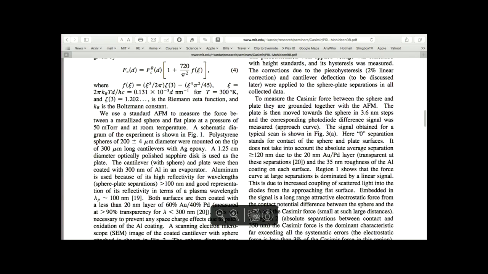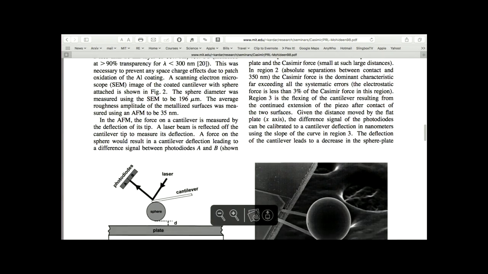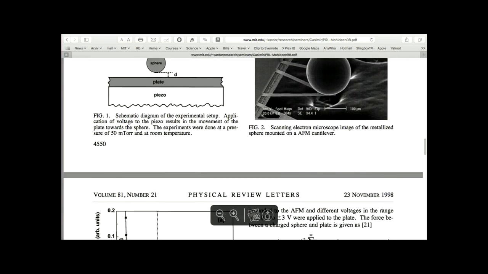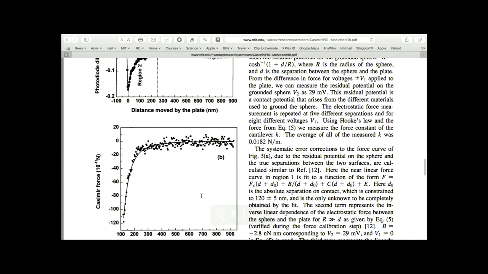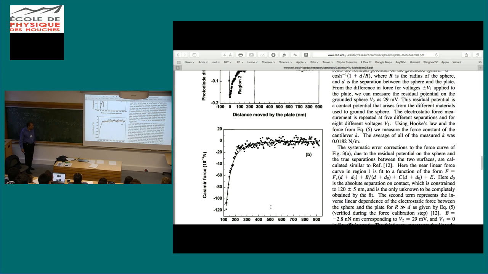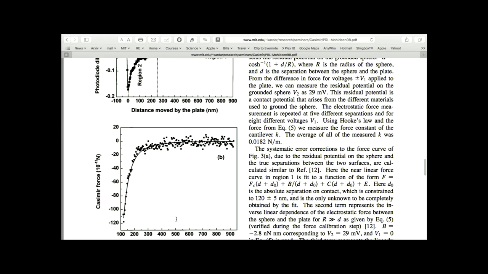Eventually you can see a comparison of experiments, which are these dots, with the prediction, which nowadays is done much, much more accurately.